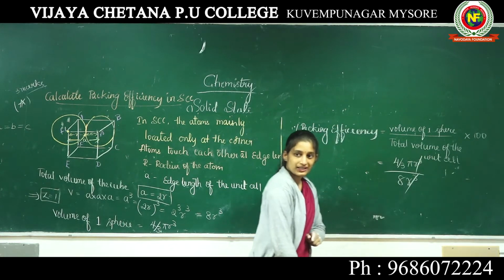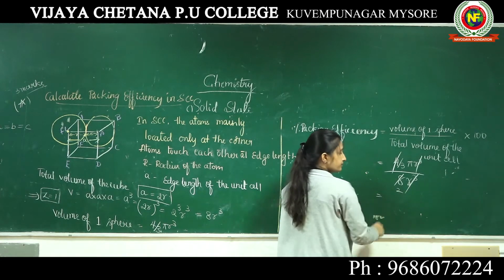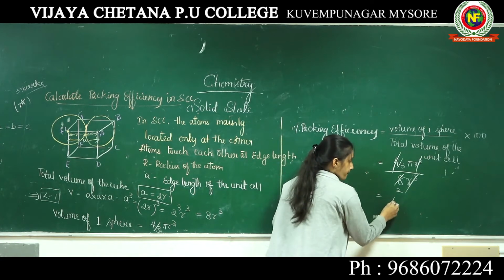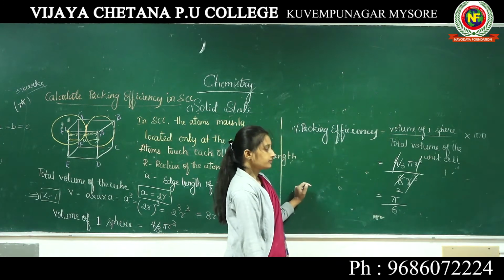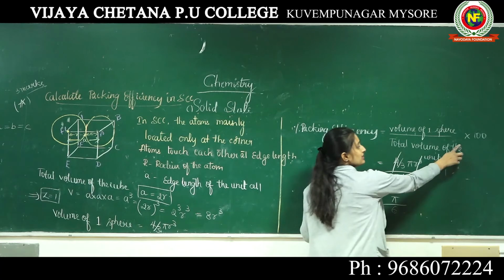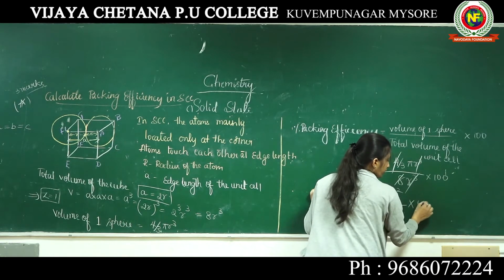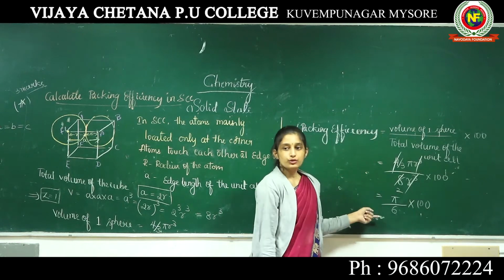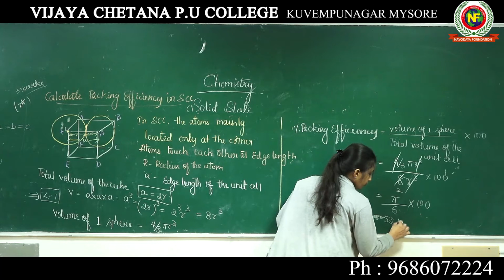R cube can cancel. So pi by 6. Here I missed 100, so multiply by 100. If you solve this, you will get 52.4%.